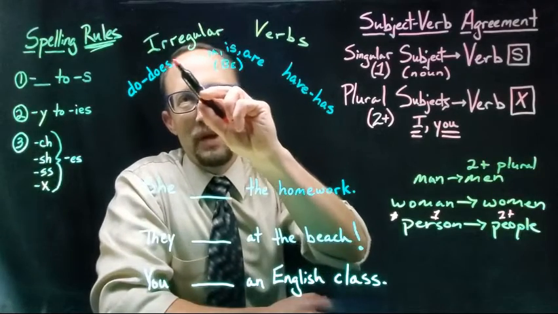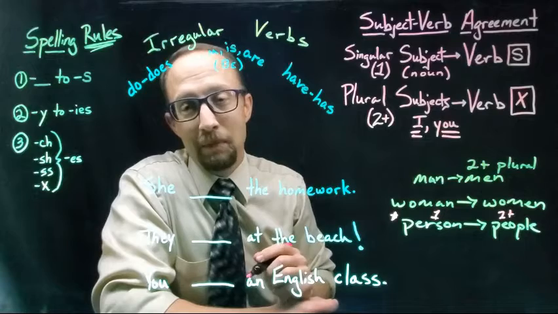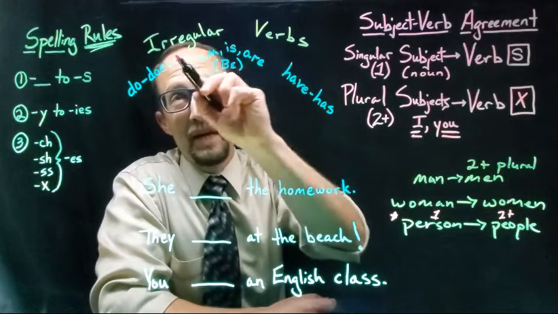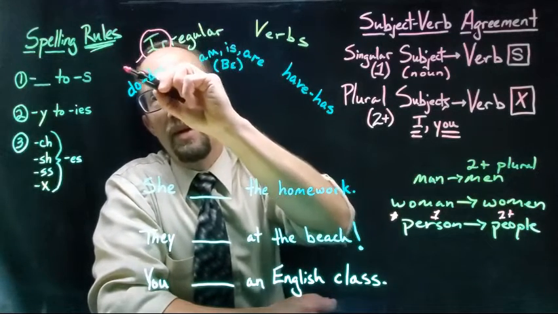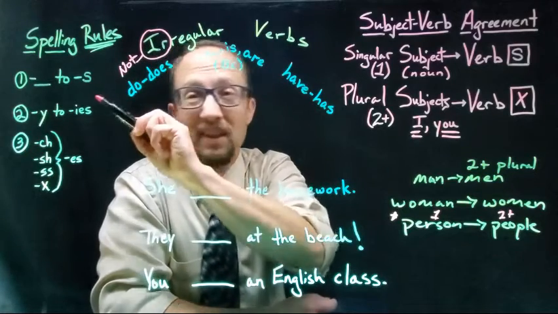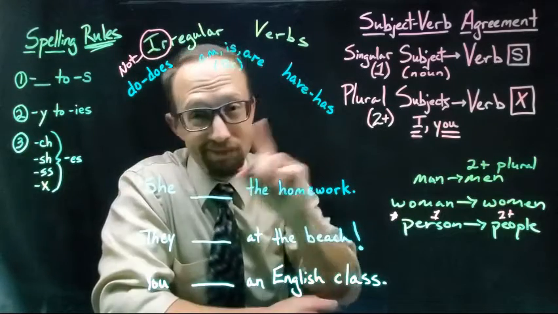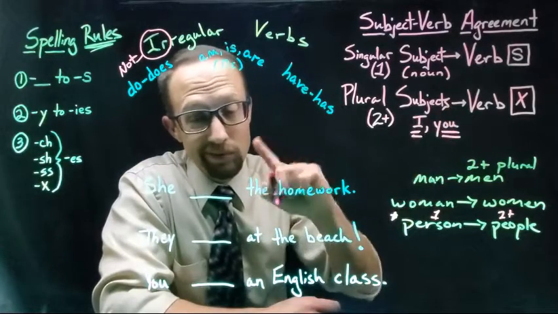Okay, let's try some irregular verbs examples. We call them irregular because they are not regular. They do not follow the rules.